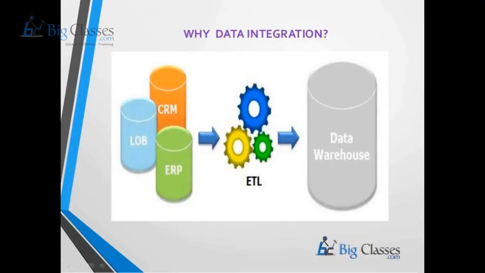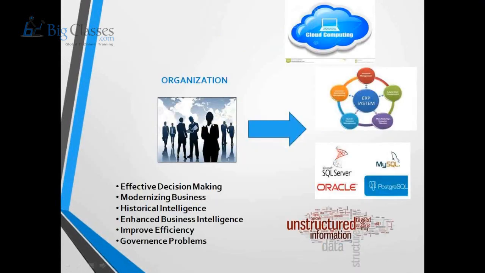Companies are storing data as we have seen here. We are storing data in cloud computing systems, in different ERP systems like PeopleSoft or SAP, and in different databases like SQL Server, Oracle, Postgres, or Teradata. We have unstructured data present in Hadoop.